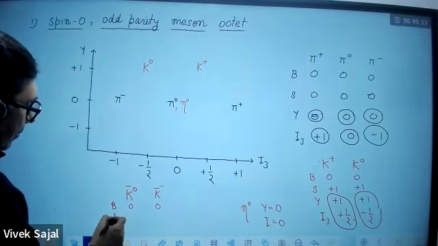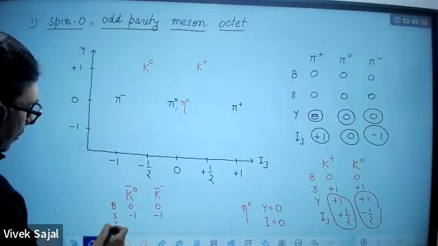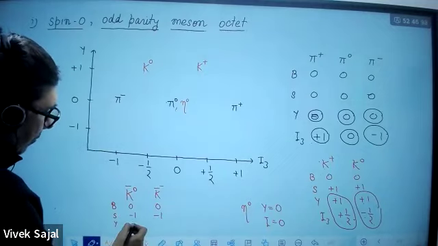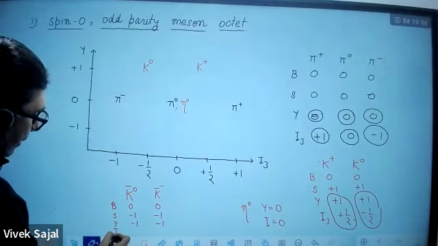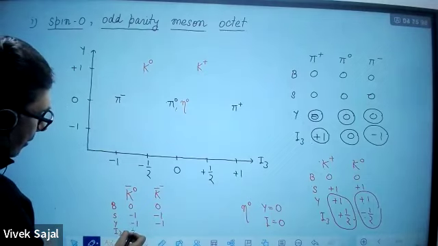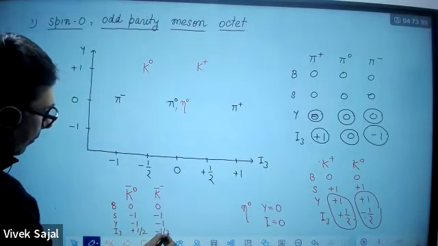Their strangeness number is minus 1. So the Y number will be minus 1. And if you look at their I3 number, this will have plus half and this will have minus half.